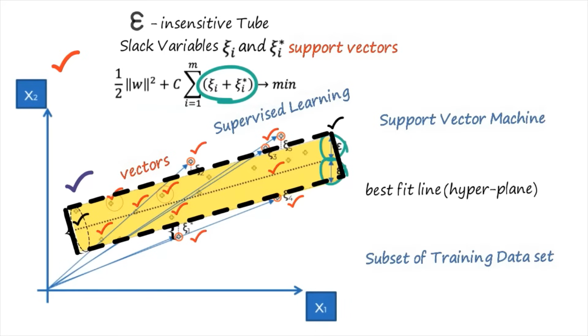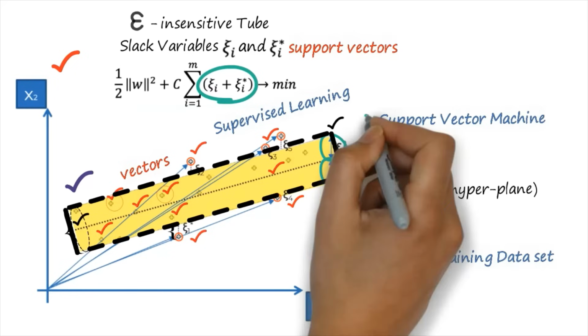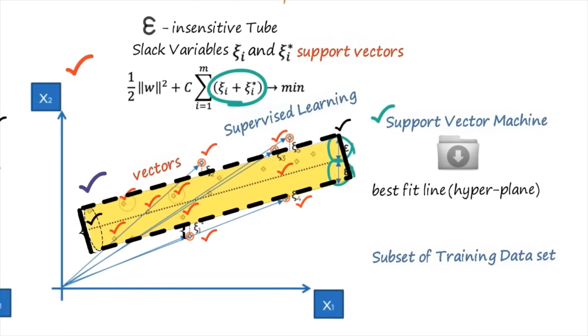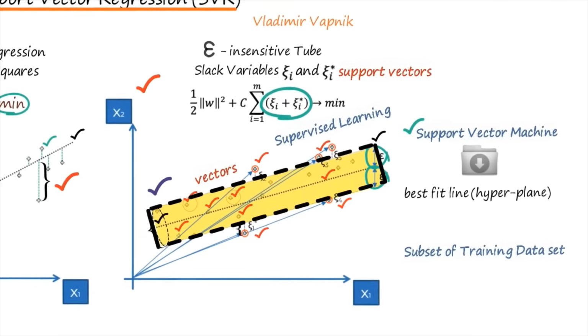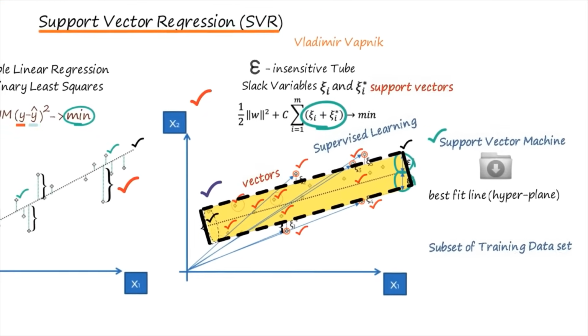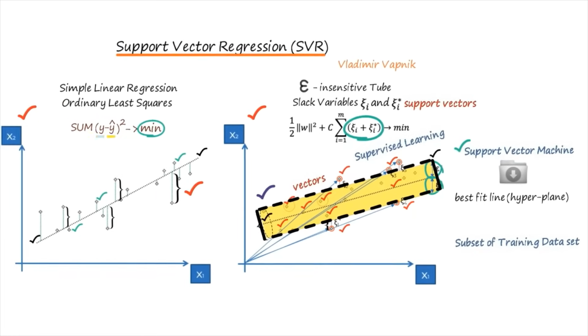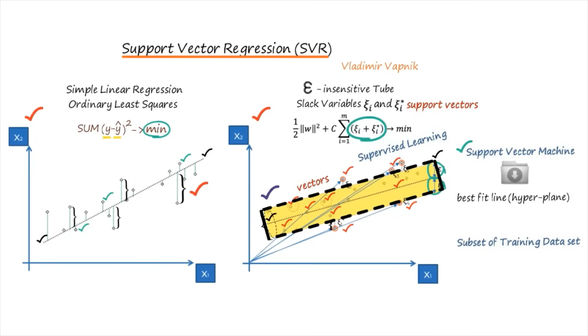Our main intention is to find one SVR model that can fit our given data set, and we are going to design this in R today. I'm just giving you a very short recap of the main intention in the case of support vector regression. There are three points you have to remember. First, we do not use a regression line alone.